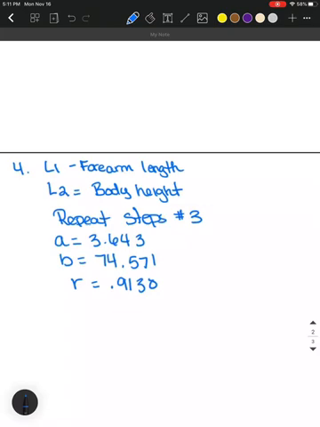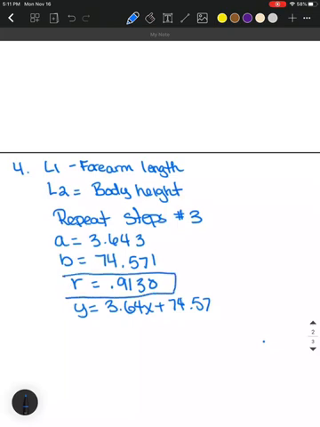All right, so the best fit equation for this line is going to be y equals 3.64x plus 74.57, and my R value, which is my correlation to show that it's close to a line, is 0.9130.